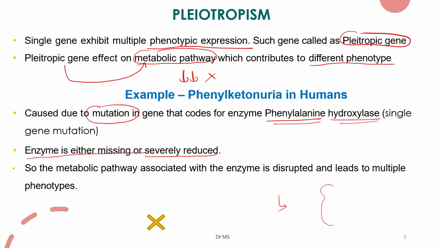So what's happening in this? The enzyme is completely missing or severely reduced. Whether it completely stops functioning or functions very little, based on how much it performs its function, we have different types of phenotypic characters. And that will bring the multiple phenotypes.